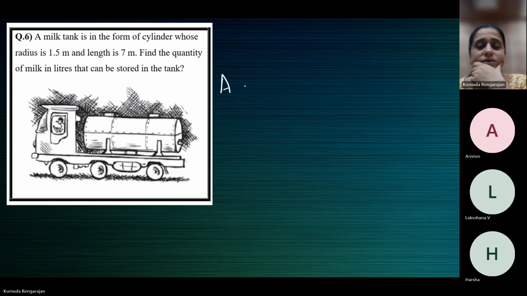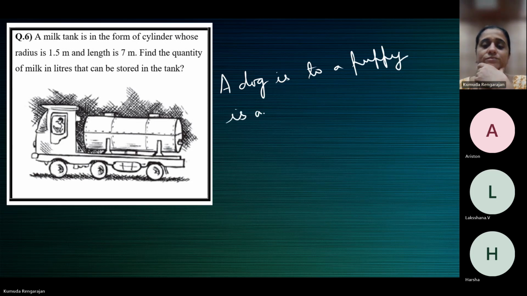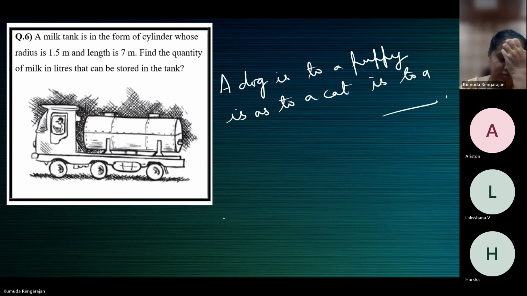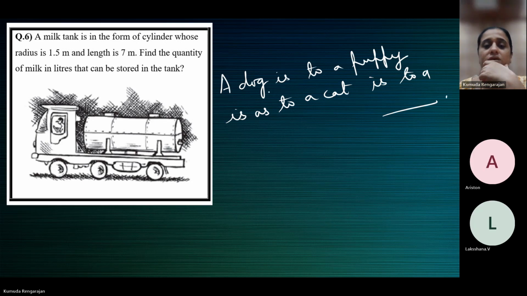Okay. A dog is to a puppy as a cat is to a what? When it's dog, it's puppy.